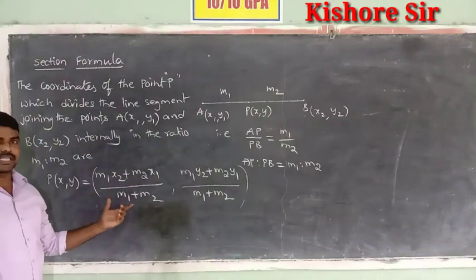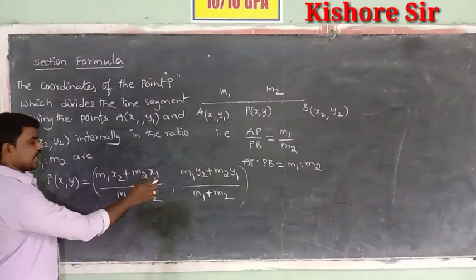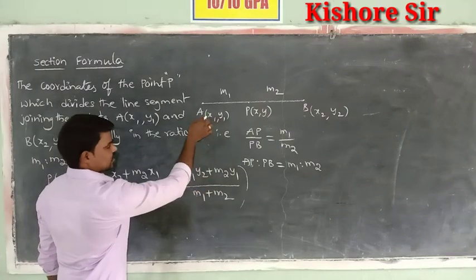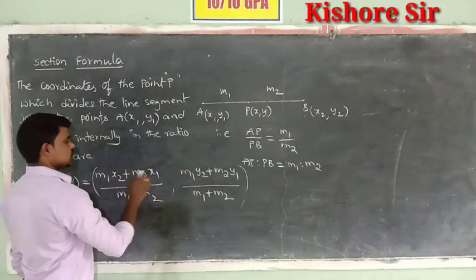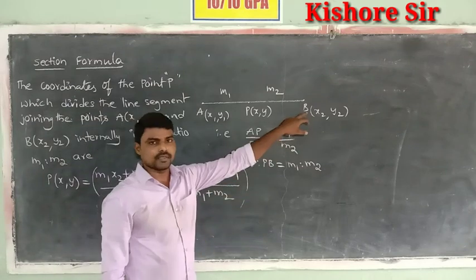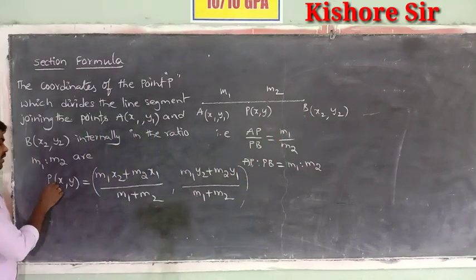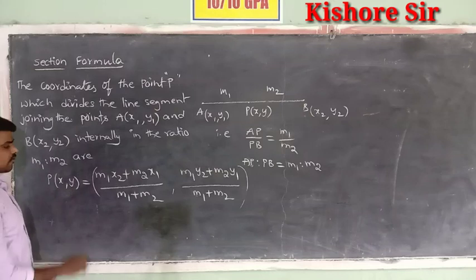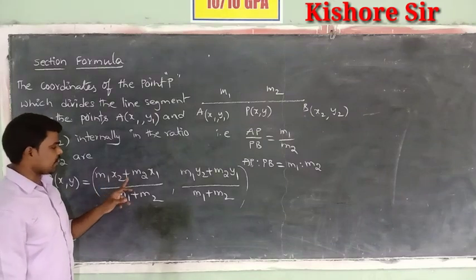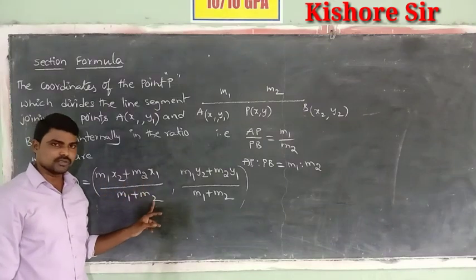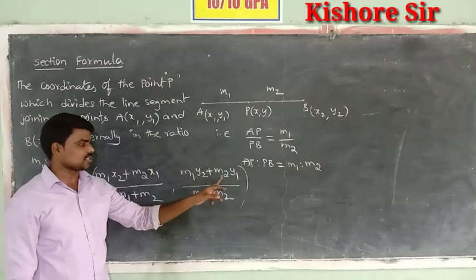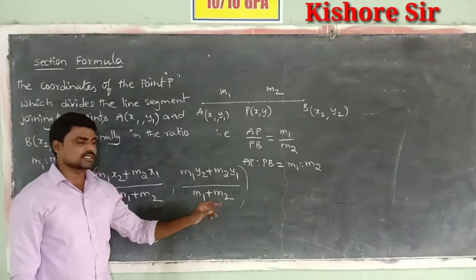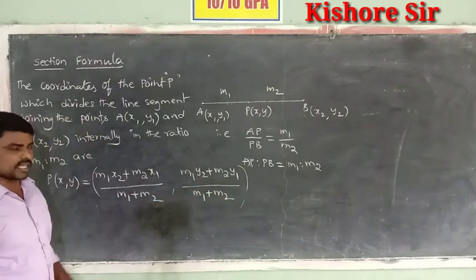Okay, this is the section formula. Here x1, y1 are the coordinates of A and x2, y2 are the coordinates of B.